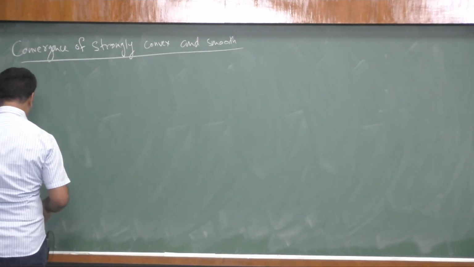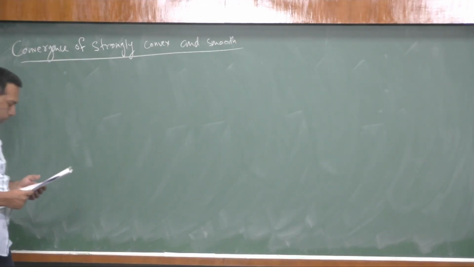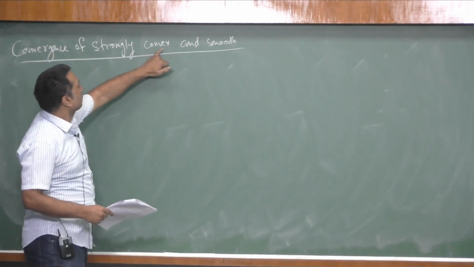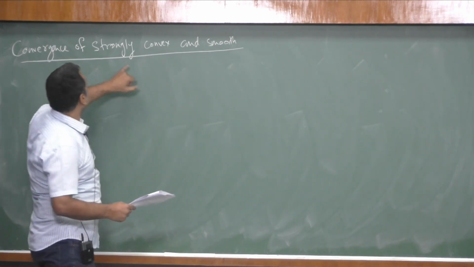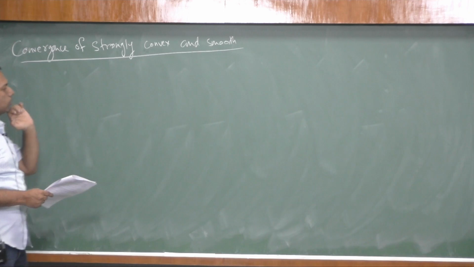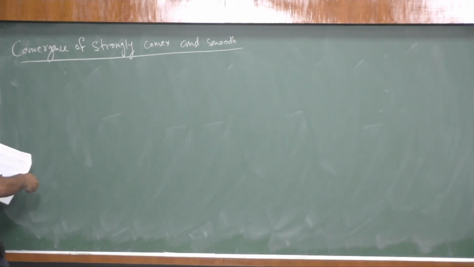So the main result here for strongly convex and smooth, last time we have done only convex and smooth. Now we are doing strongly convex and smooth. So naturally the convergence results should be simpler, right? And that's the case here.